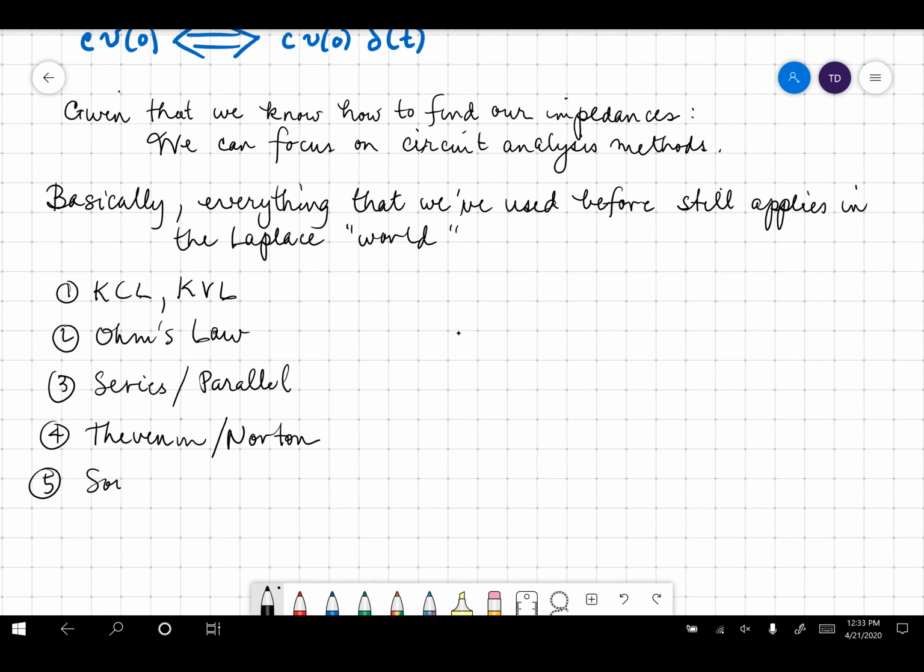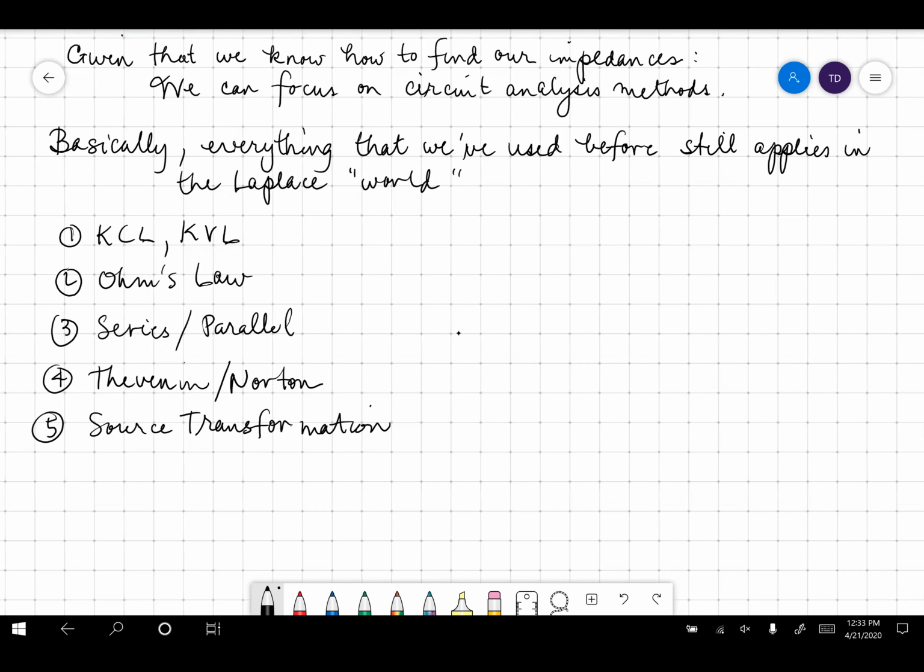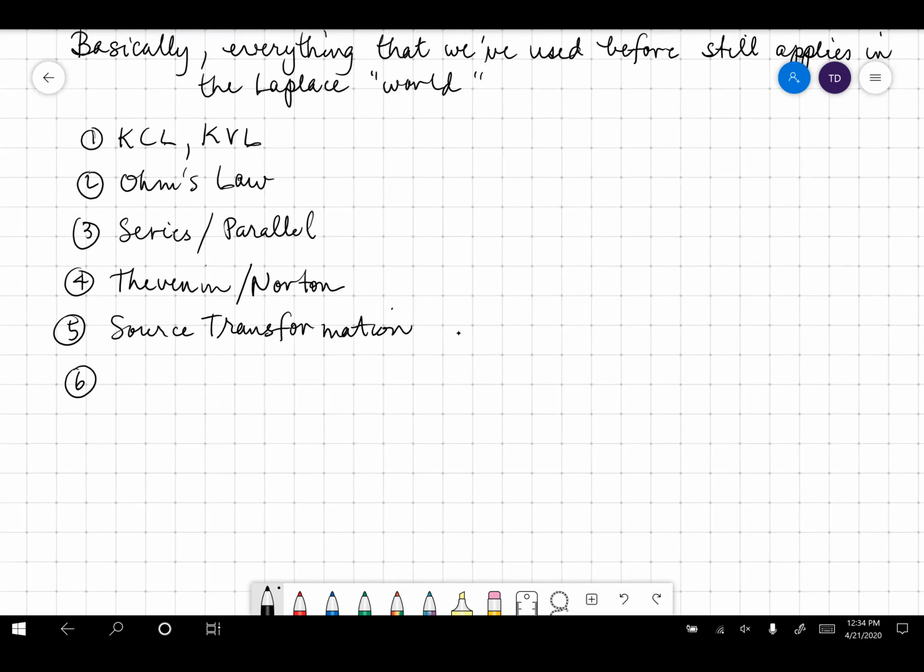Source transformation. Mesh and nodal analysis. Etc. Right? Superposition, linearity. All of those still hold. I just want to quickly prove to you one of them.